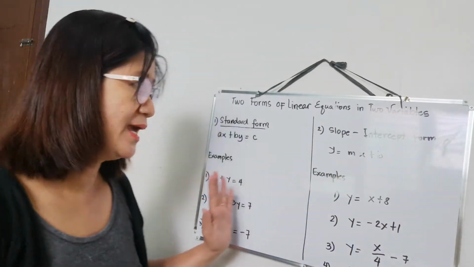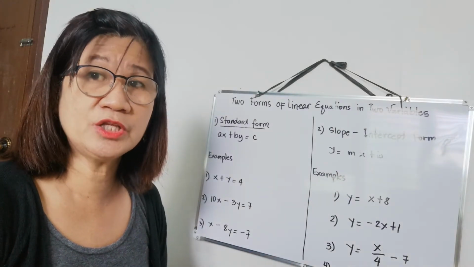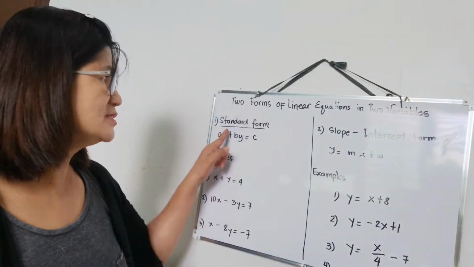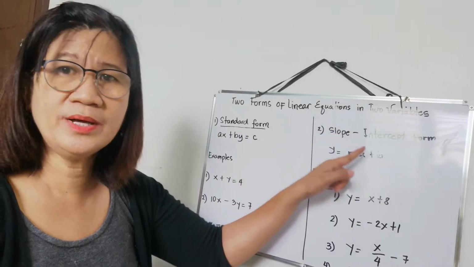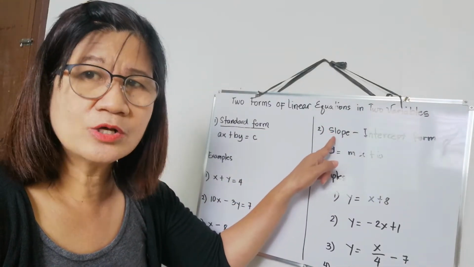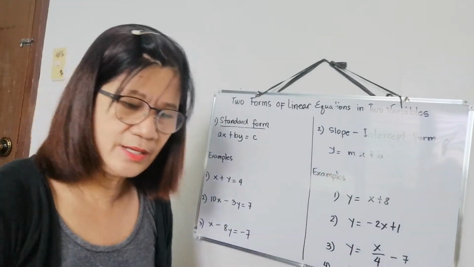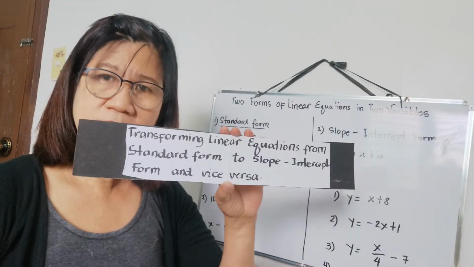Okay? So again, there are two forms of a linear equation in two variables. One, standard form. The other one is slope intercept form. Okay? So let's continue.